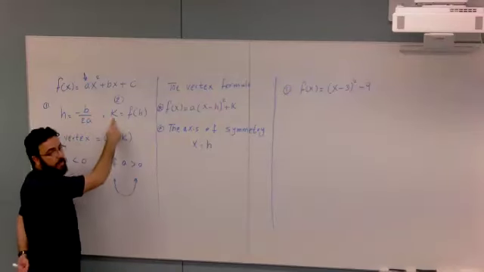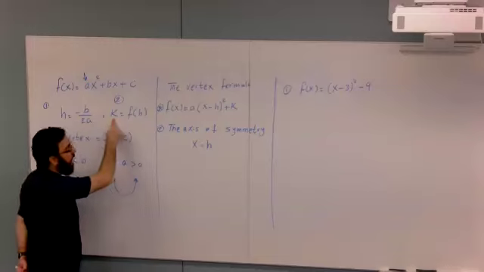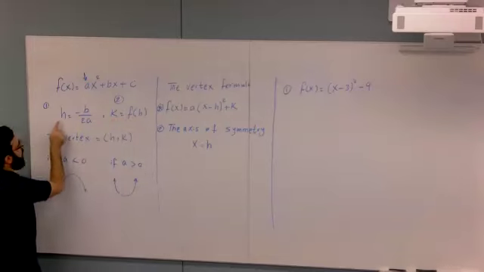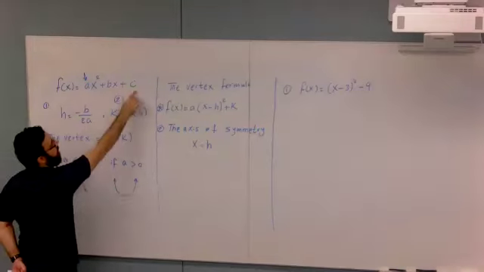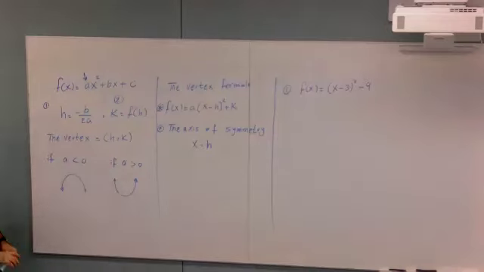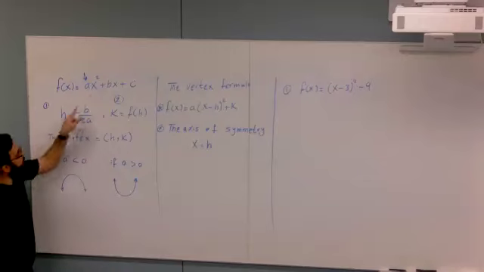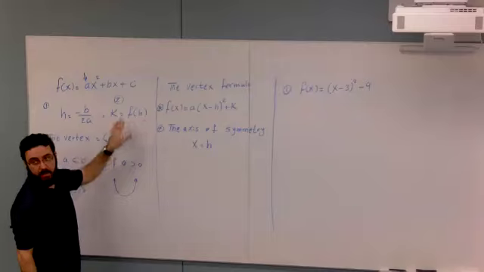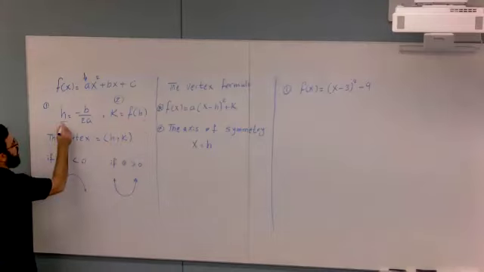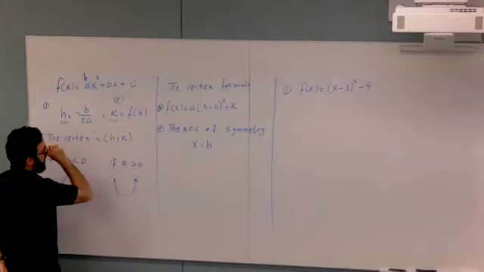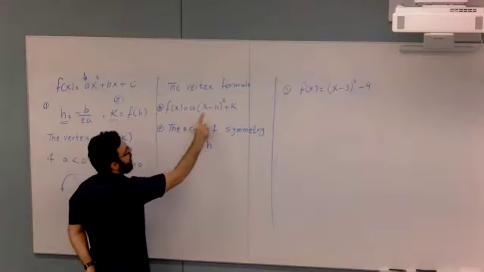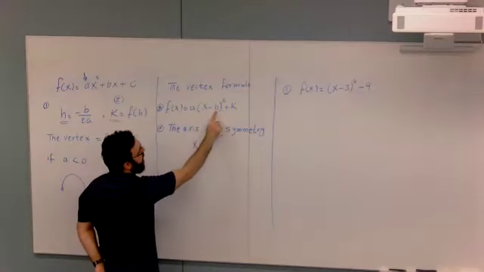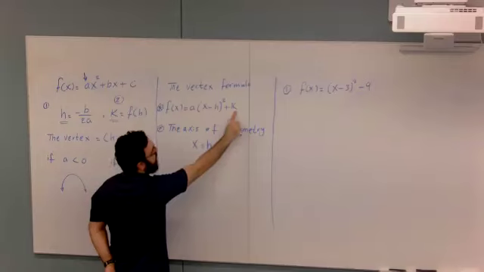Then I'm going to find the value of k. How? By plugging the value of h in the function. We'll do an example, it's going to be easy. By plugging the value of h in the function, I'm going to get the value of k. So now I have h and k. Check here: you plug in h here, and k here.